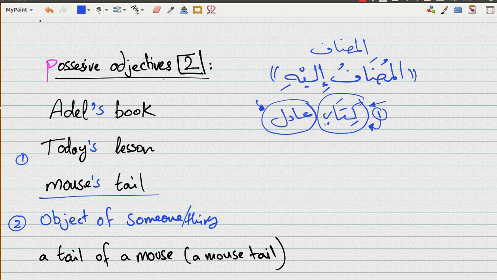Now al-mudafu ilayhi, which is the second word, or the person who owns the possession, usually, not has to be, but if you're going to translate something with the apostrophe s, this thing is usually defined. It's someone who's defined. So Adil is a defined noun in Arabic.